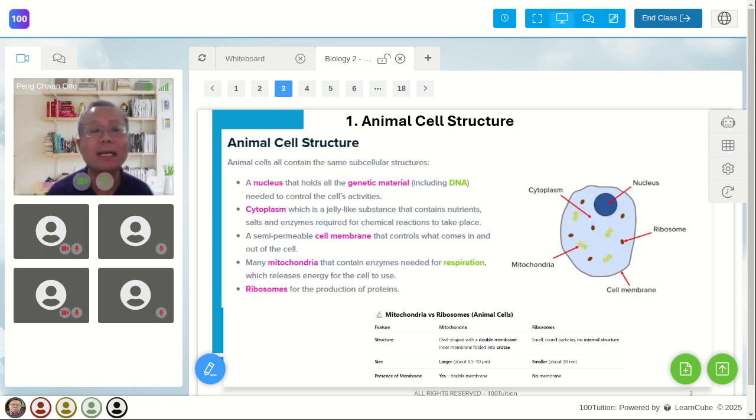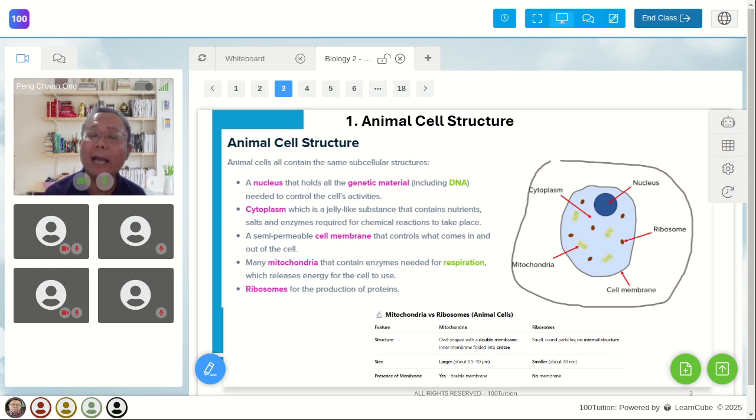Okay, first, let's take a close look at the animal cell. Let's focus on the diagram first. You realize animal cells have a nucleus. The nucleus is the organelle that holds all the genetic materials, including DNA.